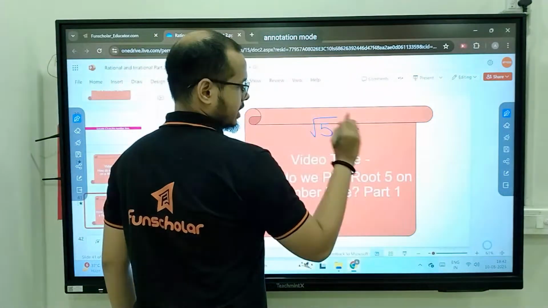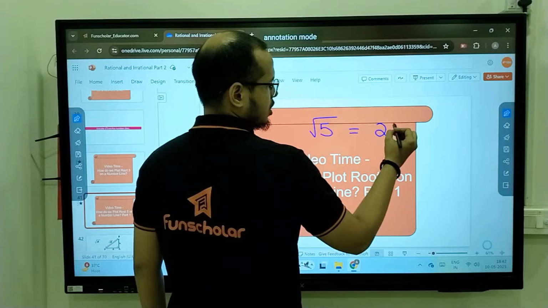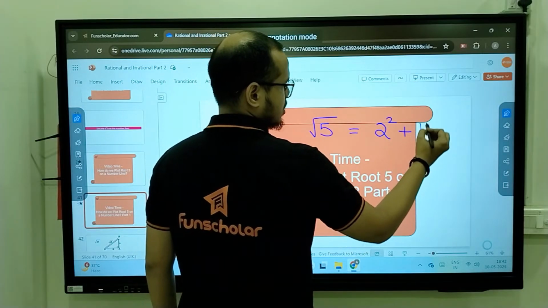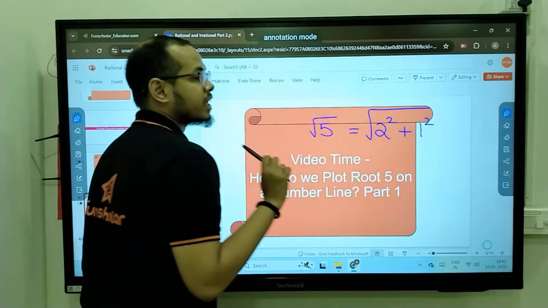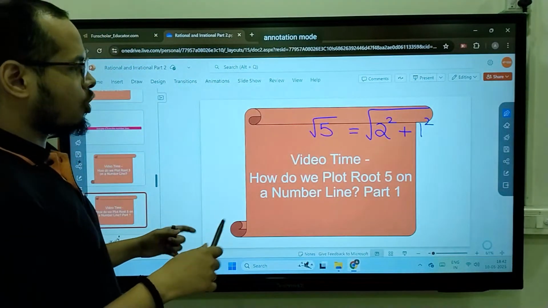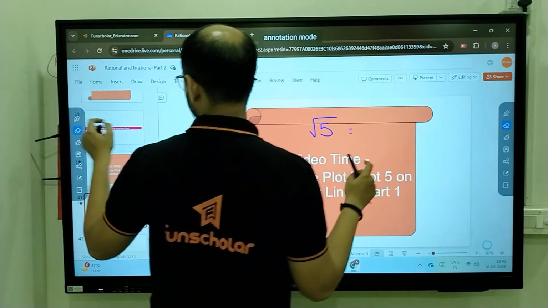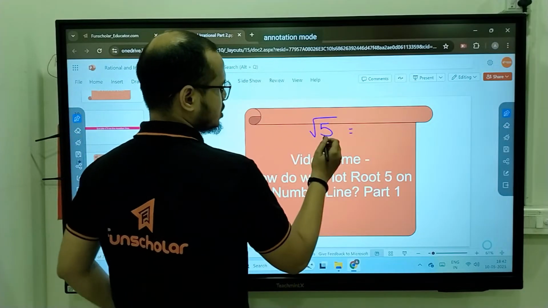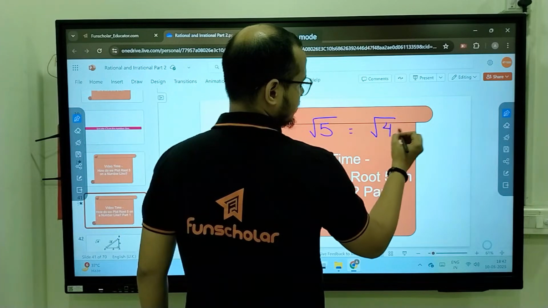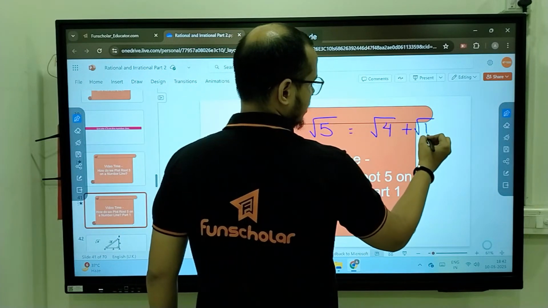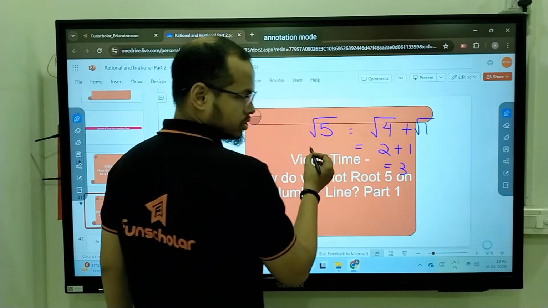We know, as a fact, that root 5 is the root of root 2 square plus 1 square. This can be one of the options, but we could also say that root 5 is root 4 plus root 1. But that comes to 2 plus 1, that is 3, which is not equal to root 5.